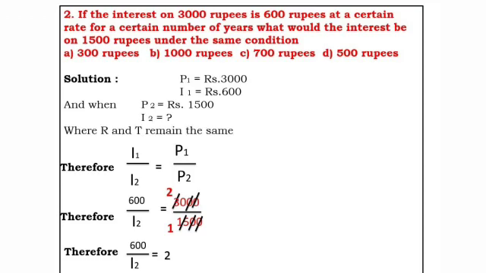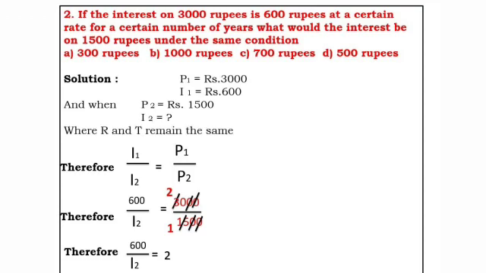So we can say that P1 is equal to rupees 3000, I1 is equal to 600, and when P2 is 1500, what is I2? I2 means interest. So we can do I1 upon I2, that is interest 1 upon interest 2 is equal to principal 1 upon principal 2, that is P1 upon P2.